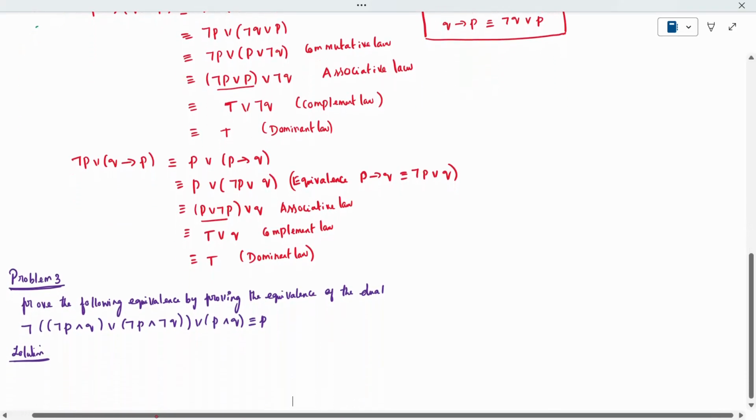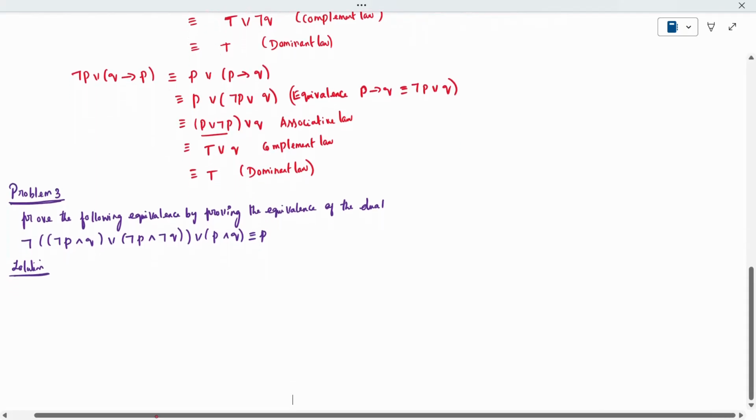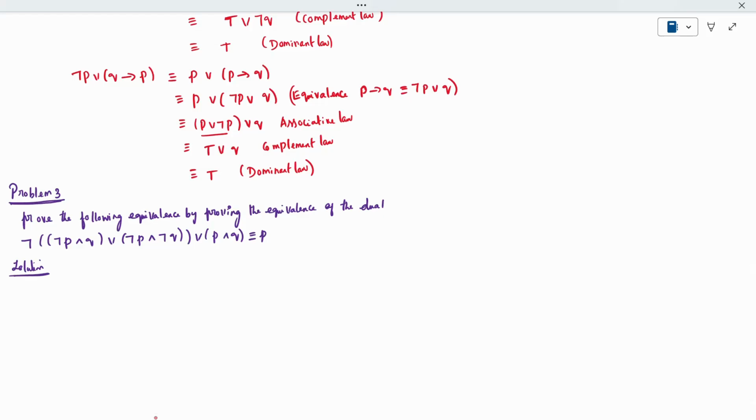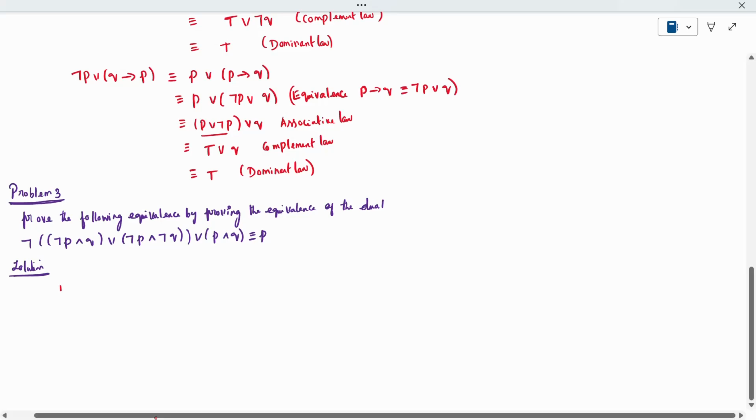Third problem. What it is asking is, prove the following equivalence by providing the equivalence of the dual. Okay, dual. First they are asking to write the dual of this, and then to prove it. First I will write the dual. What is the dual of this question?